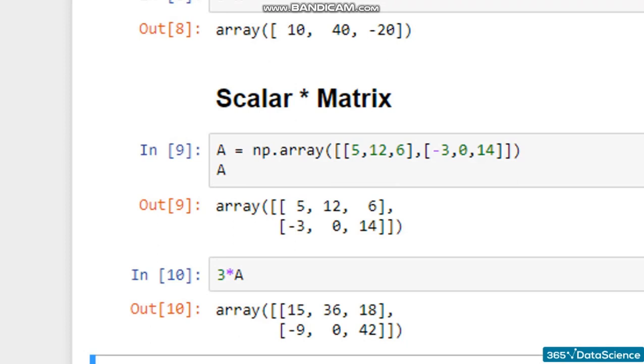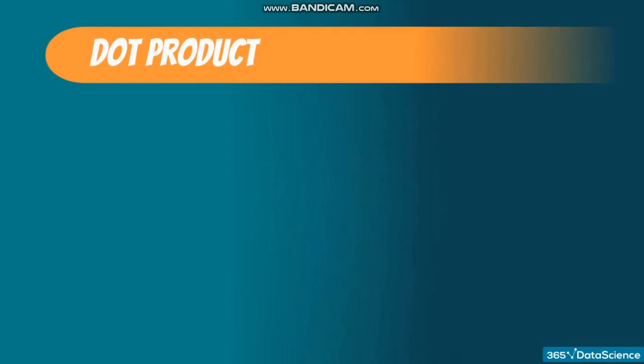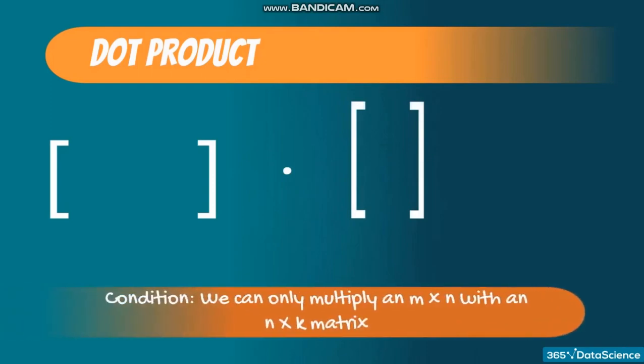All right, that's easy. But how do we multiply a matrix with another matrix? Using the same concept, the dot product, we can multiply two matrices. There is a compatibility measure here too. We can only multiply a matrix of dimensions m by n with a matrix of dimensions n by k.